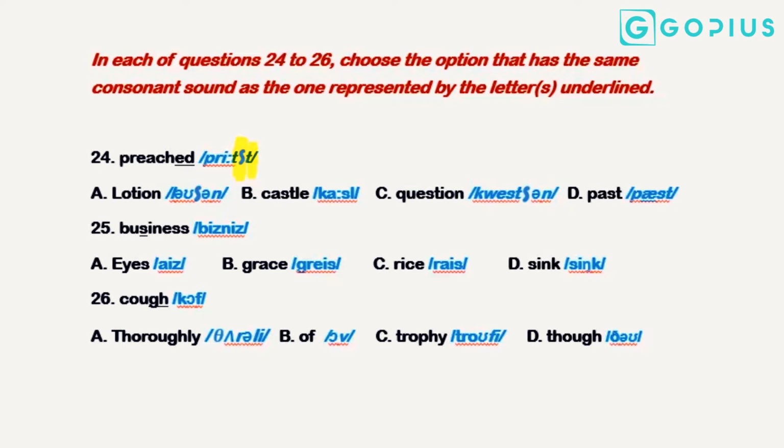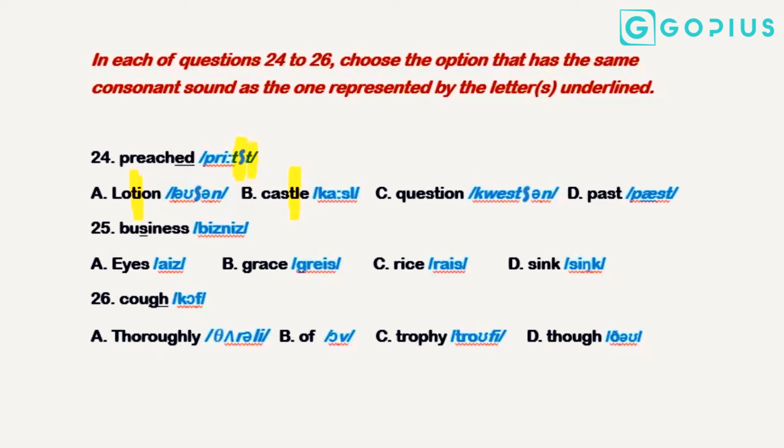So we have lotion. Though it has the t in its spelling, in the pronunciation we have just the sh sound. Lotion. So it's not the answer. It doesn't have the t in its pronunciation. For castle, though it has the letter t, the sound t is not there.